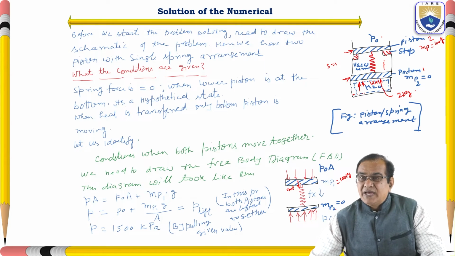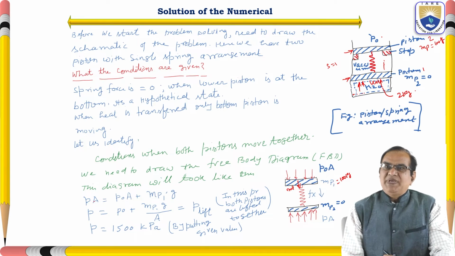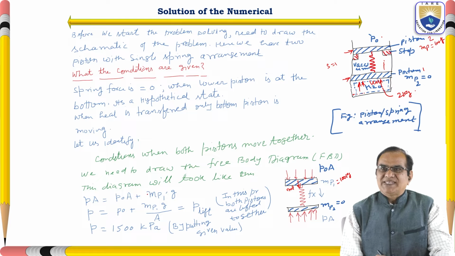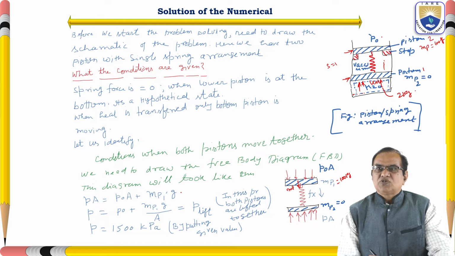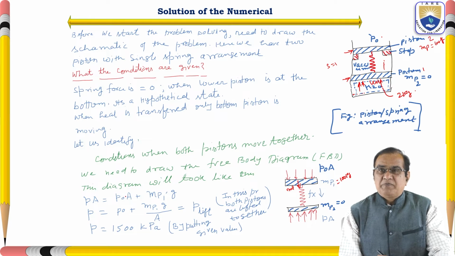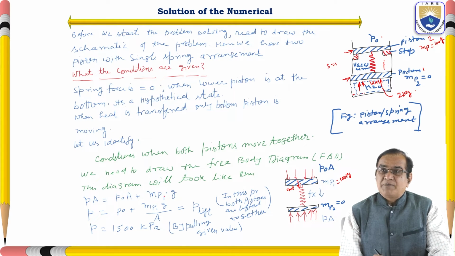So we can write that PA is equal to P0 A plus MP1 into G plus MP2 into G. Here we have PA is equal to P0 A plus MP1 into G. So here P is equal to P0 plus MP1 into G by A, because initially the spring is not touching.